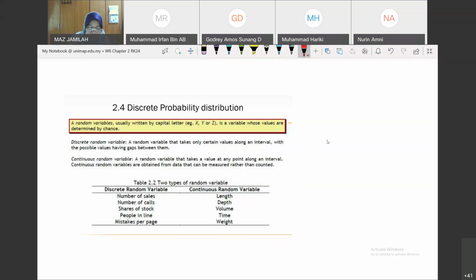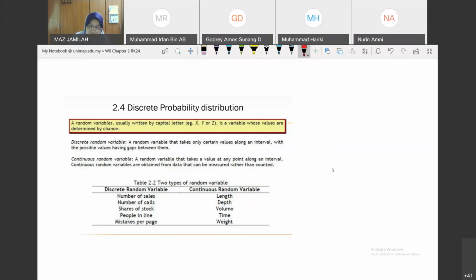If you remember, last time we talked about the skewer, and we talked about X, which could refer to weight, height, or for the skewer project, the length of the skewer. All these are called variables. Now, why random variable?